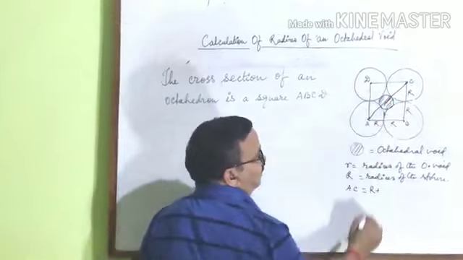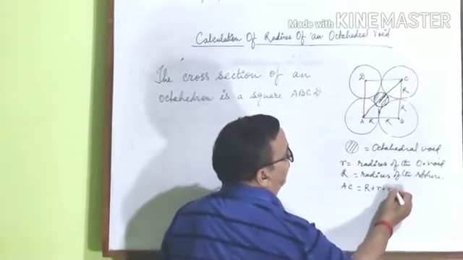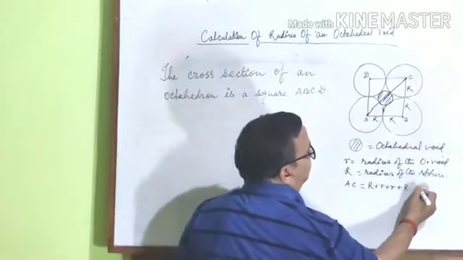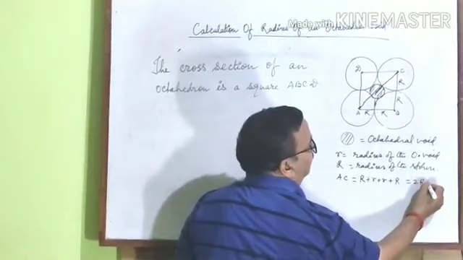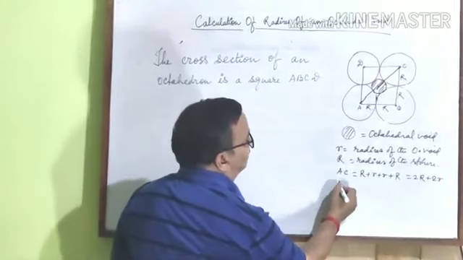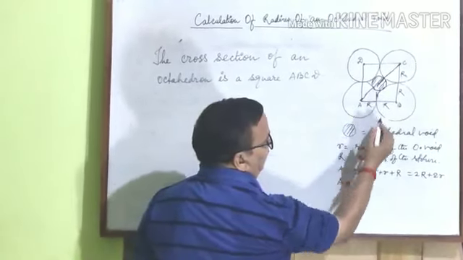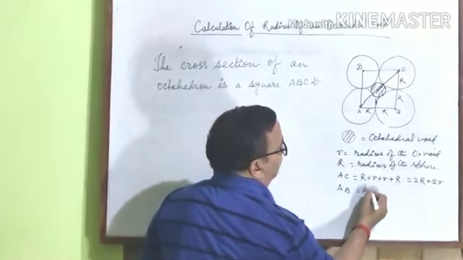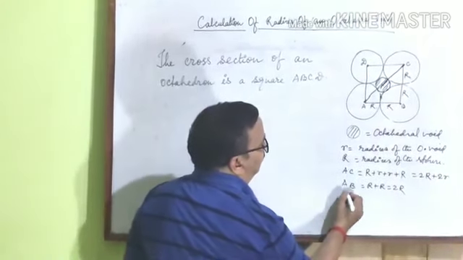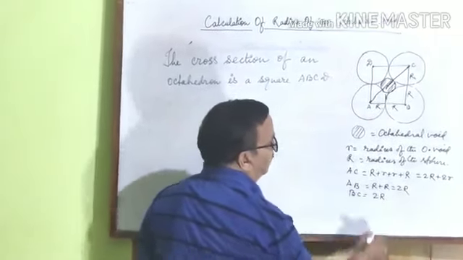So the diameter is r plus r, and again this one is the radius of the sphere, so it is equal to 2R plus 2r. AB will be how much? AB is equal to R plus R, that is 2R. BC will be how much? It will also be 2R.